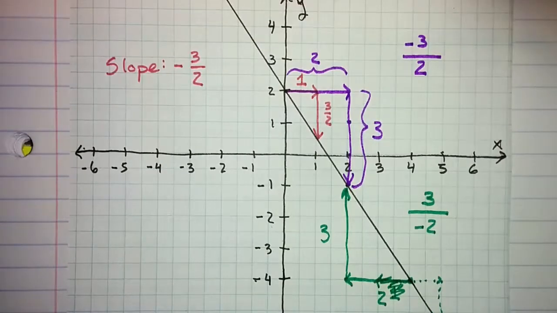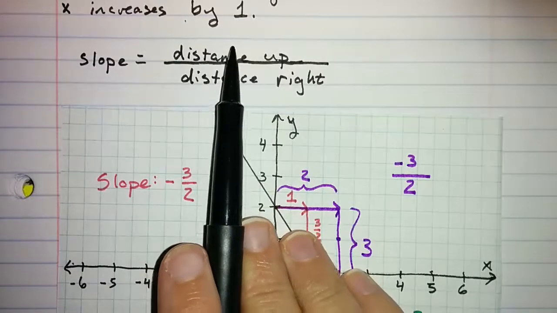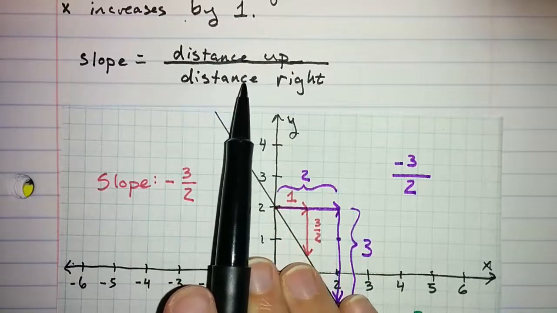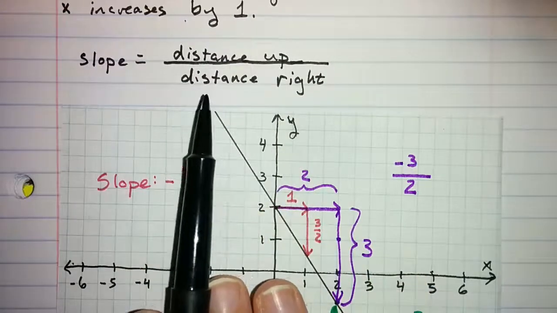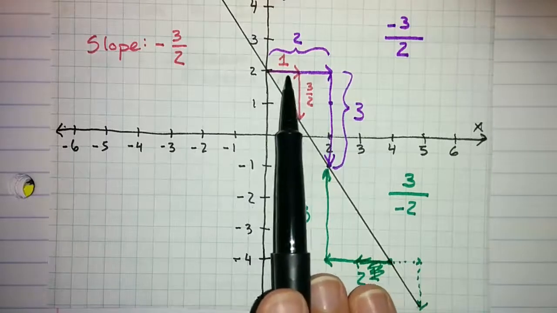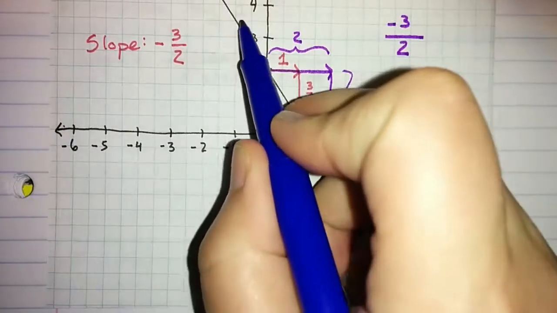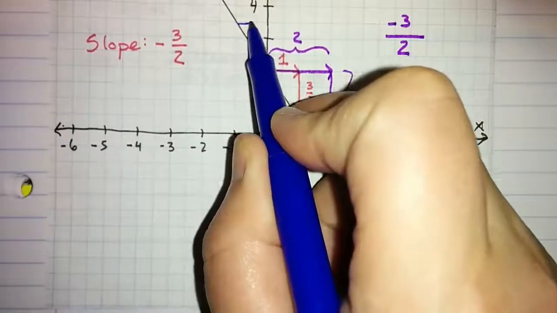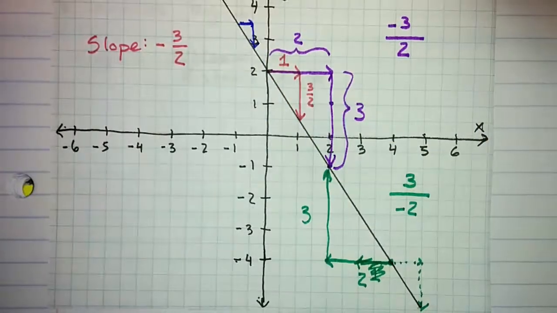Any way you slice it, right, the slope of the line is the distance the line has gone up over the distance that it's gone to the right. And the wonderful thing about lines is, no matter how we draw it, no matter how big or how small a triangle we draw, we could, for example, start at this point and draw this little triangle.